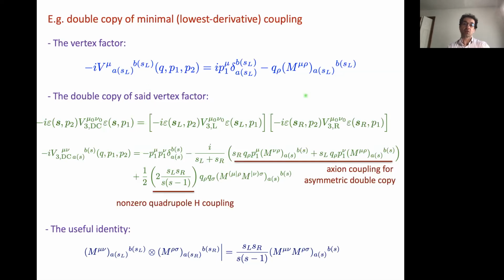And in fact, one doesn't really need all the infinitely many terms. One can truncate, for example, to the minimal coupling, and this way get the standard double copy of a minimal coupling into the 3-point vertex of the minimal Lagrangian, including the H term that comes with this particular coefficient, depending on the 2 spins that were part of the double copy.